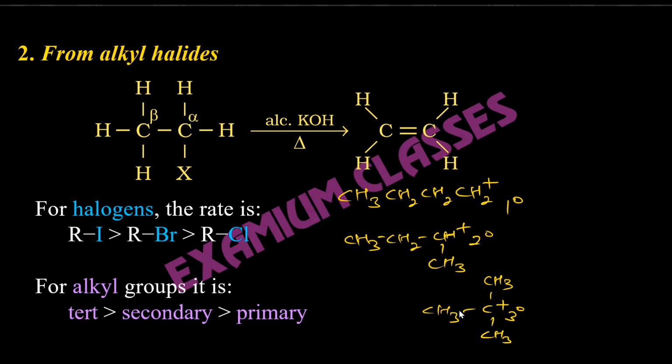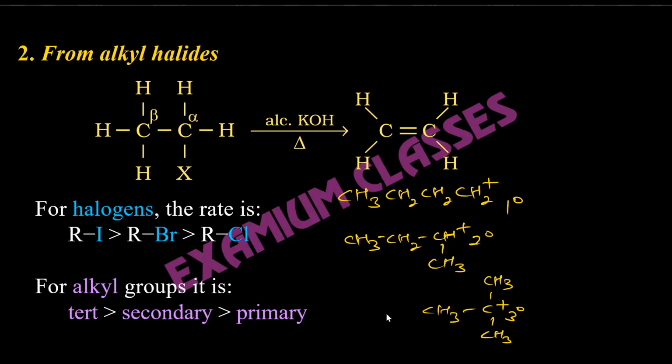Tell me, out of 1 degree, 2 degree, 3 degree, which is most stable? Yes, Bhavya, good. Sudit, good. I'm asking some questions. You need to be active. Everyone has to be active in the chat window. Pranit, yes. Good. Only 3 answers.